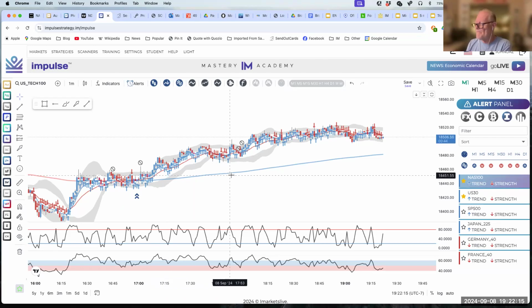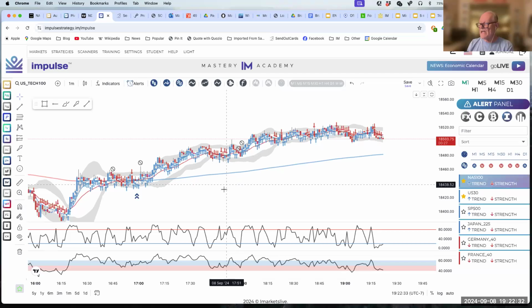Now, divergence. Does anyone know about divergence? Does anyone know how to calculate divergence on impulse? And does anyone know what it means? Let me tell you.